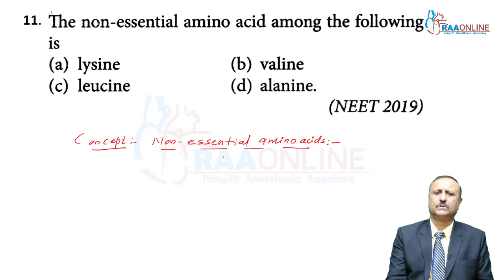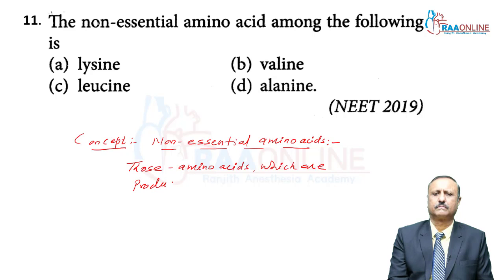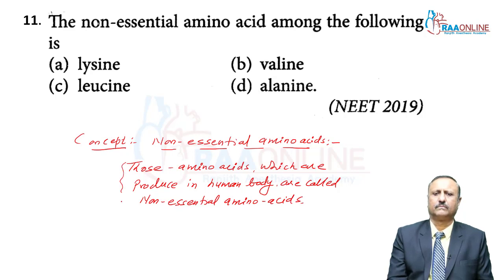Here, my dear students, those amino acids which are produced in the human body are called non-essential amino acids.